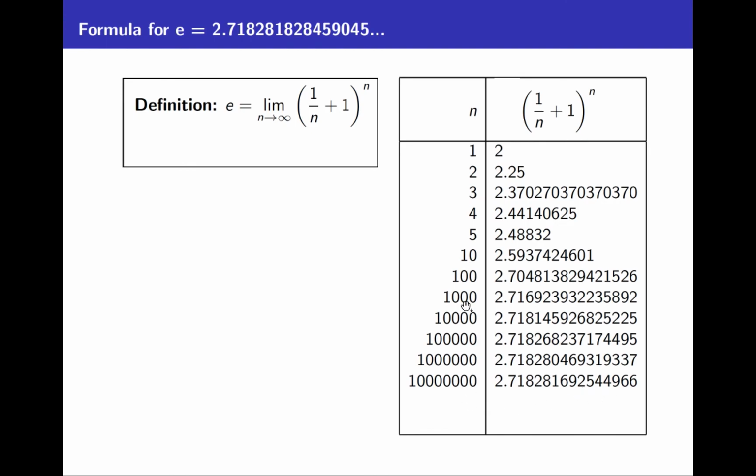So you see here that as n is getting bigger and bigger, the corresponding value of (1/n + 1) to the power of n seems to stabilize at some number around 2.71828.